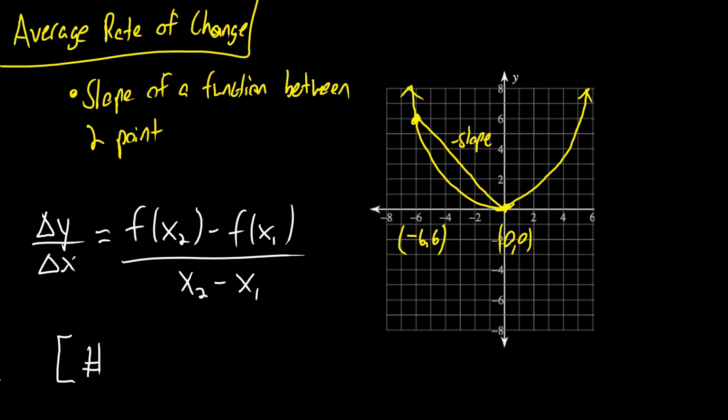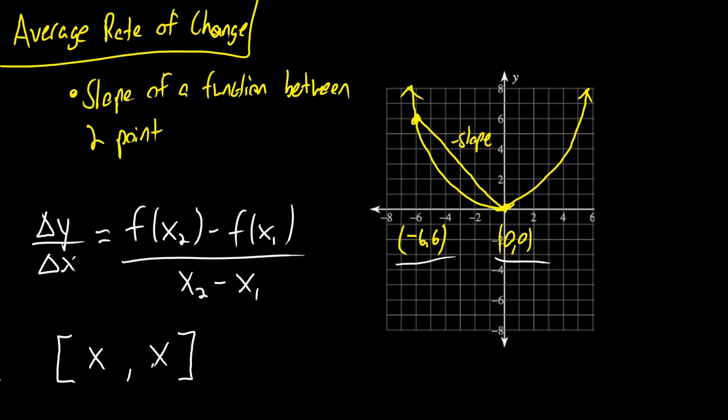Let's redo that. Let's say we have some x value and we have another x value. In this case, our x values on this graph would be -6 and 0. We have two x values, okay?